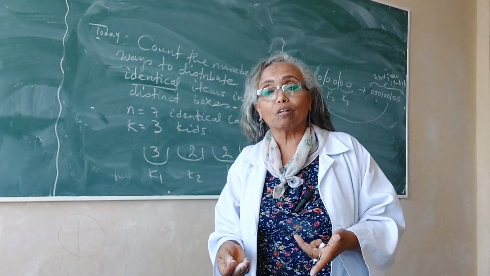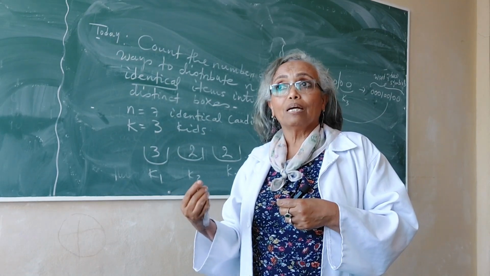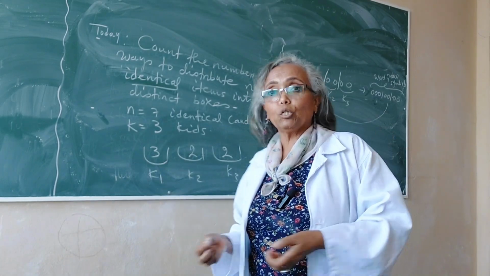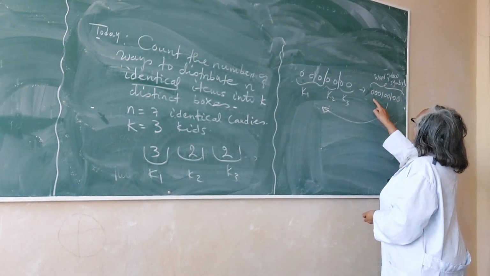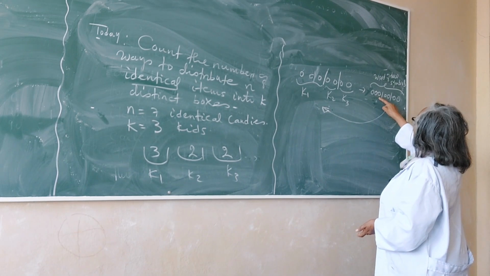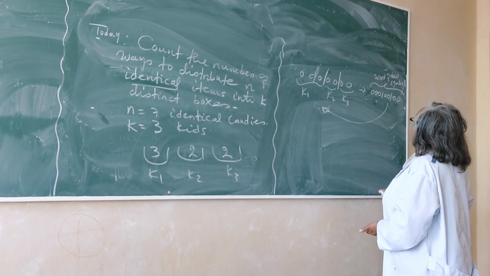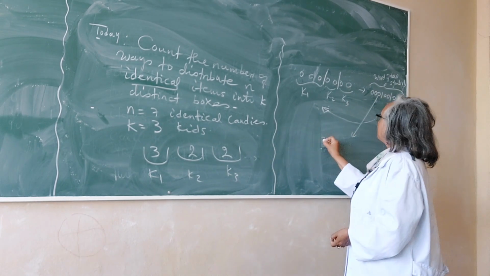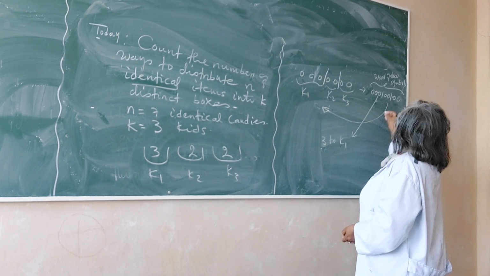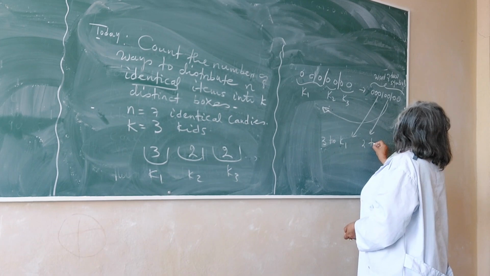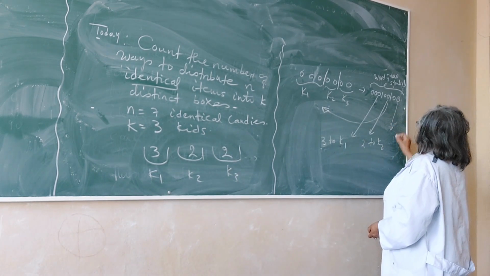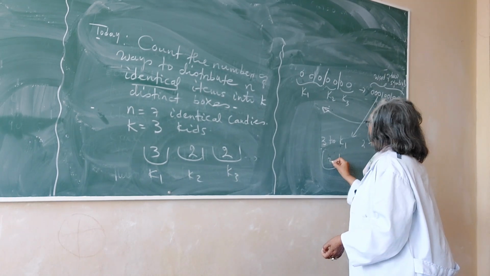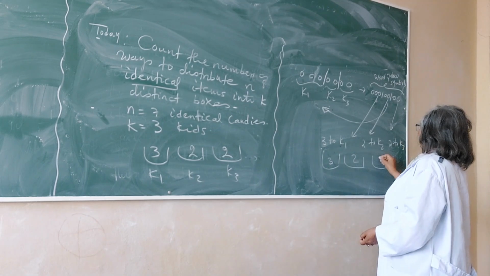Good. Now I'm going to see if this can get me back to the distribution. I take that code and see if it leads to 1 and only 1 distribution. Yes, of course. As long as I consider this to be the first, this the second, and this the third, what I have is 3 to the first kid, 2 to the second kid, and 2 to the third kid. So I have a distribution here, 3, 2, and 2.